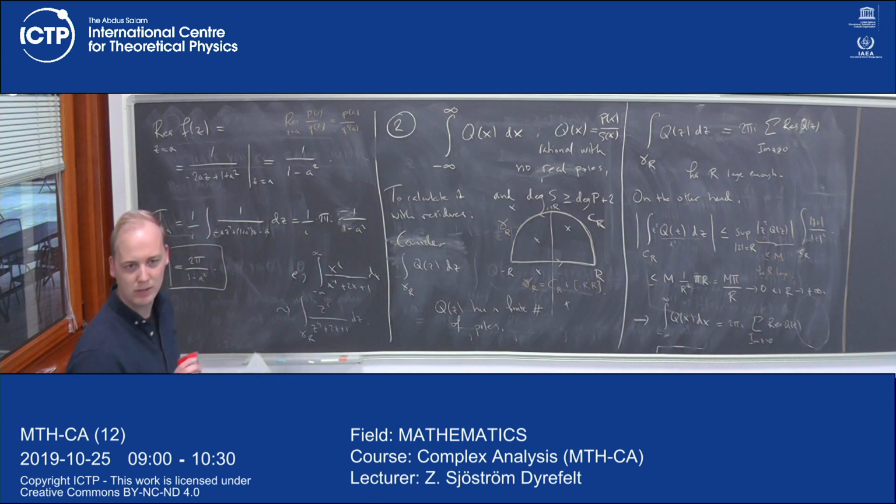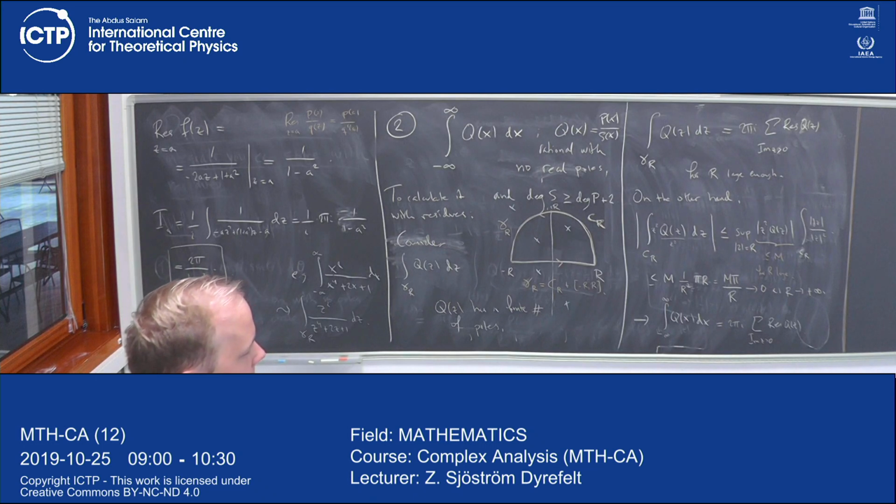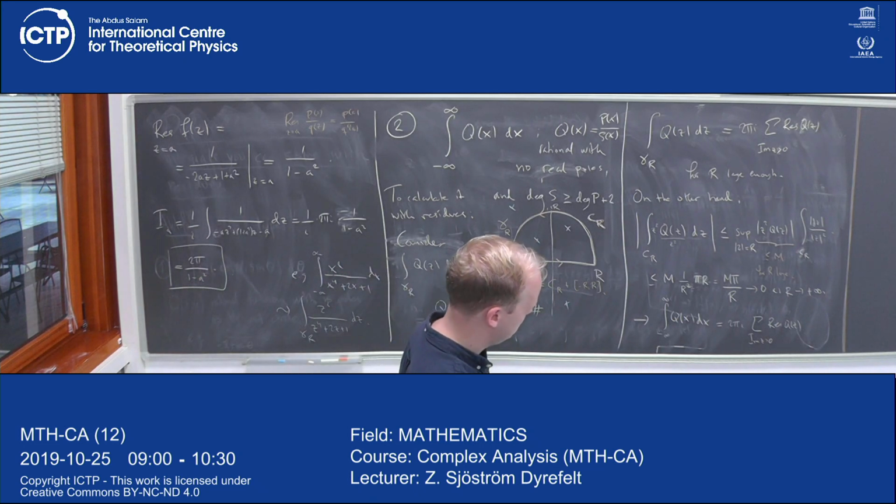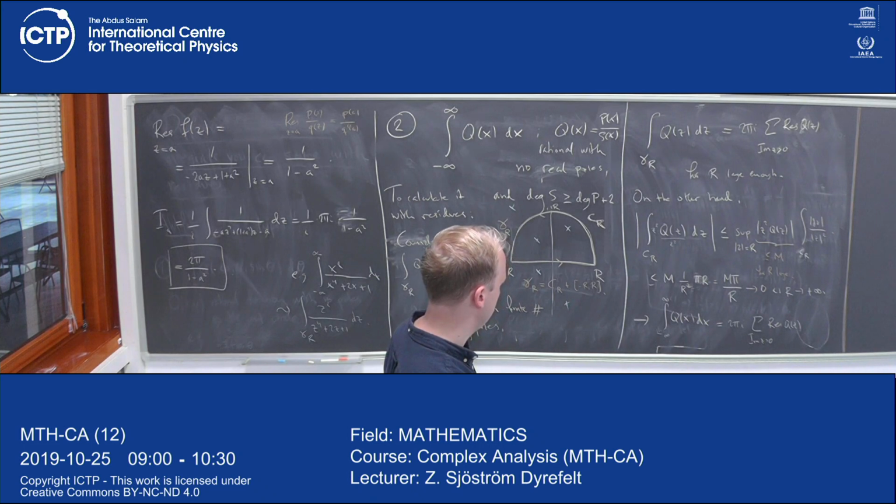I have a question. Yes. We could almost do the same, but instead of taking the upper half, we take the lower half. Yeah, sure. And then the sum of the residues of the upper half is equal to the sum of the residues of the lower half, almost, because they both should equal the integral from minus infinity to infinity.